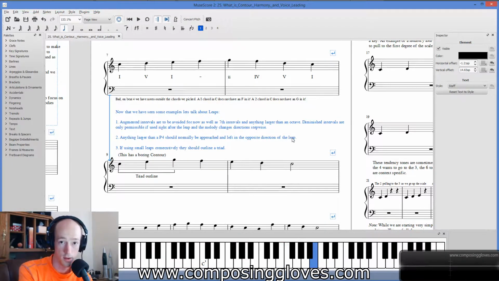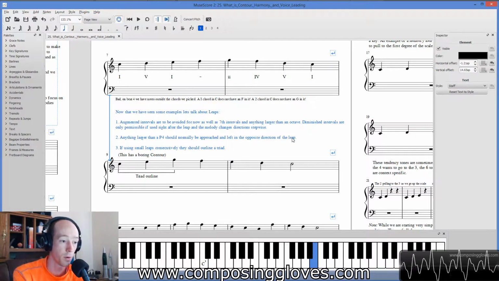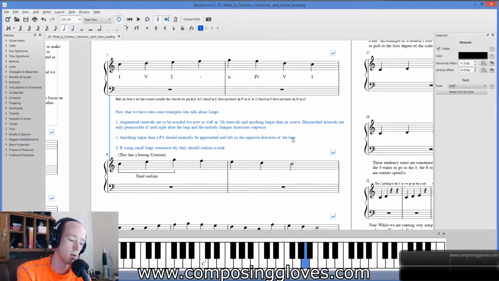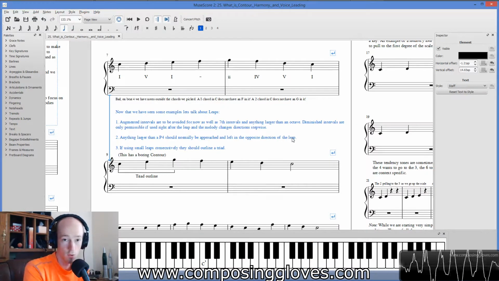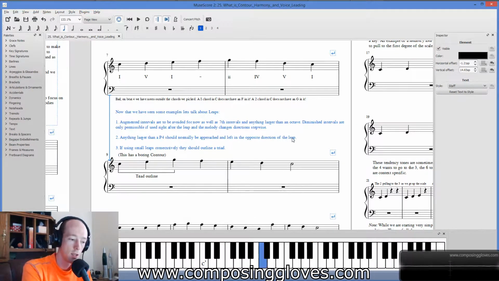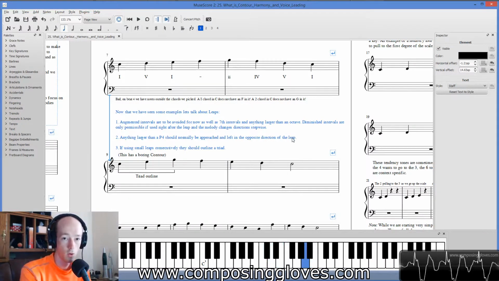Well, that's a fifth, and so I would need to go down now because I've exceeded a perfect fourth. So the alternative would be this: I go C, D, E, and then I would jump to the B, and I could resolve up. Now that one worked out because it's a tendency tone, but generally we want to go down.